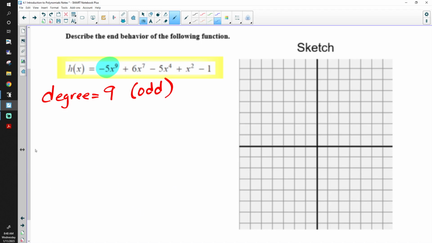The leading number is negative 5, which is negative.